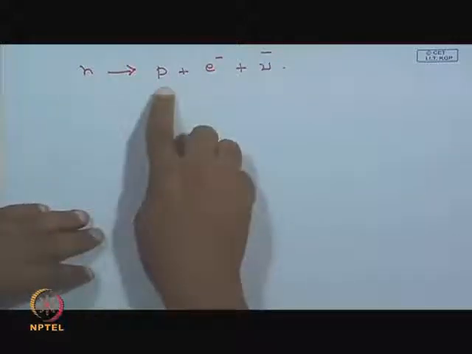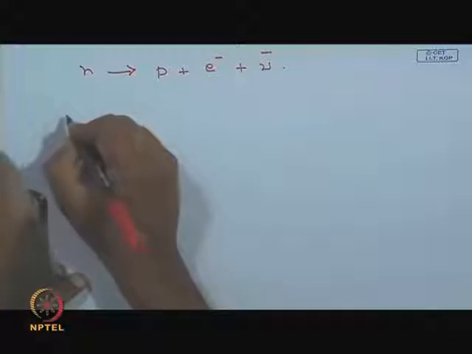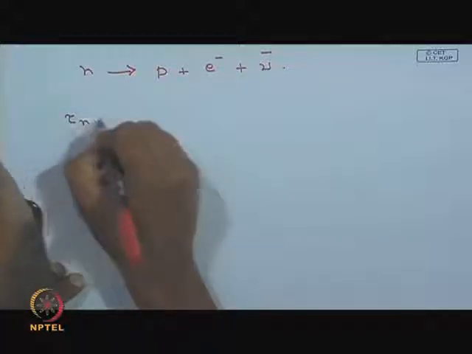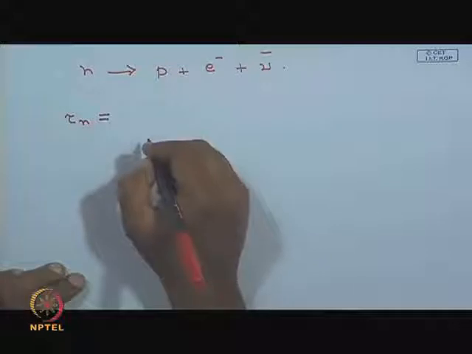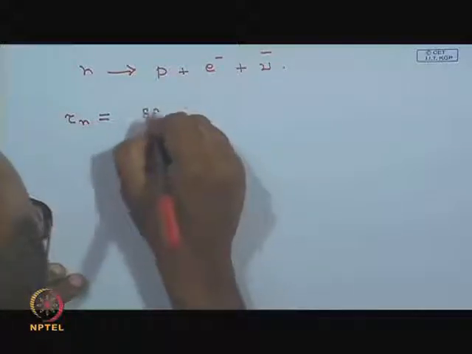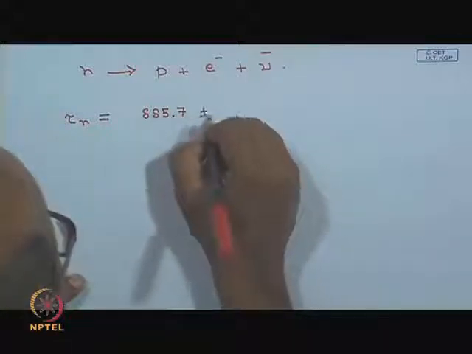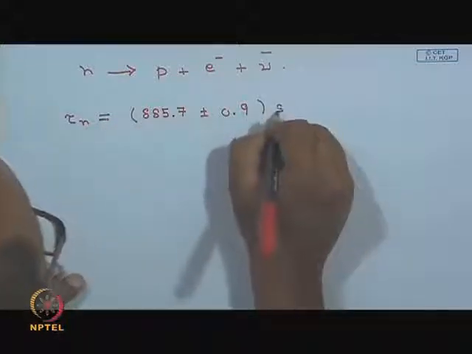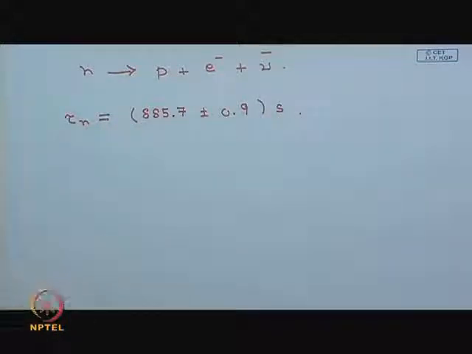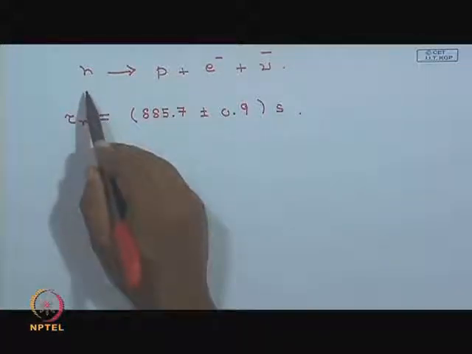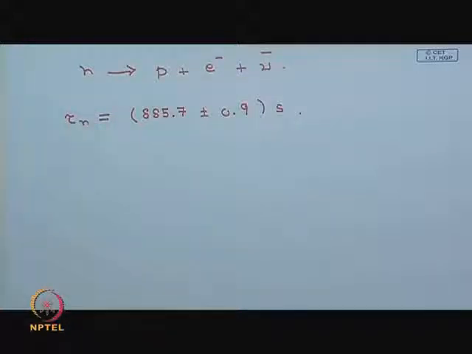This reaction has a lifetime, which I denote here by tau n, of 885.7 plus minus 0.9 seconds. This is the lifetime of the neutron once it goes out of thermal equilibrium.